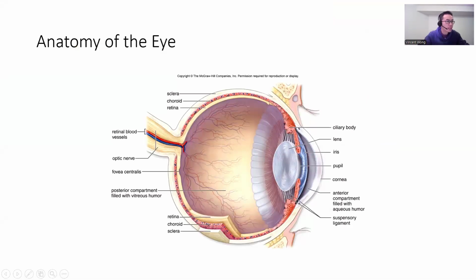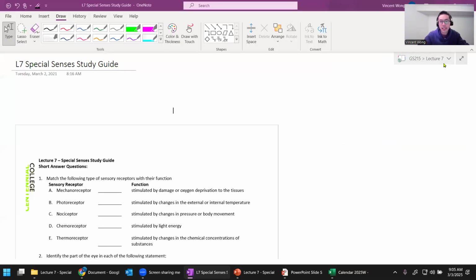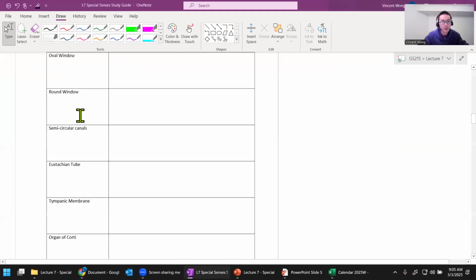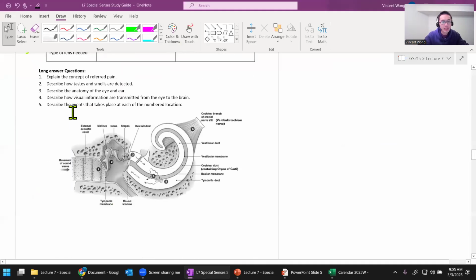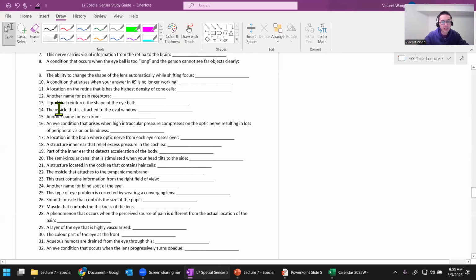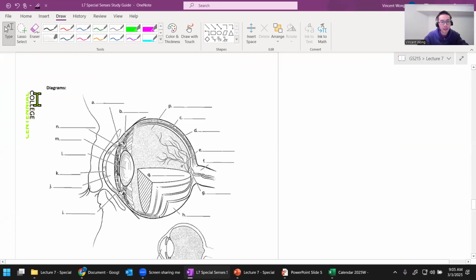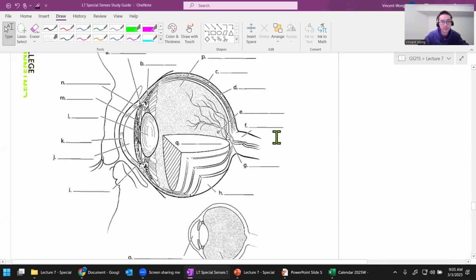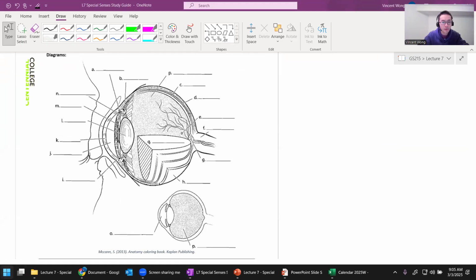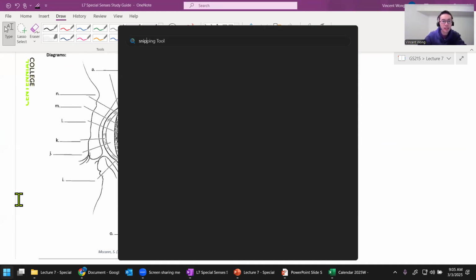Okay, so we're gonna switch to our study guide here, and we will label the eyeball together first, and then we'll go from there. Okay, so this is an eyeball. Let me try to copy it over. I hope you have it with you.